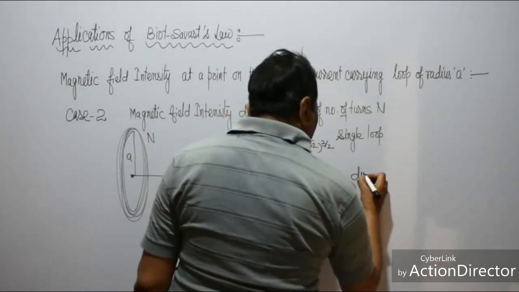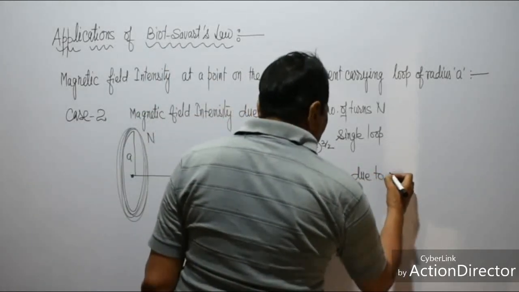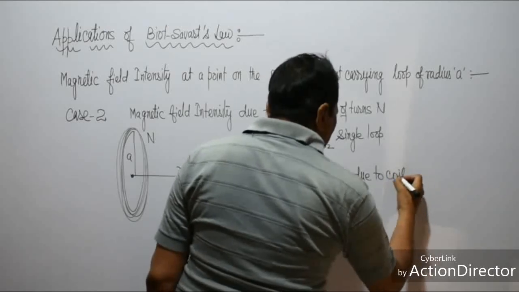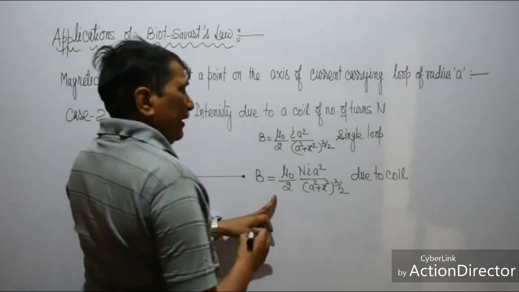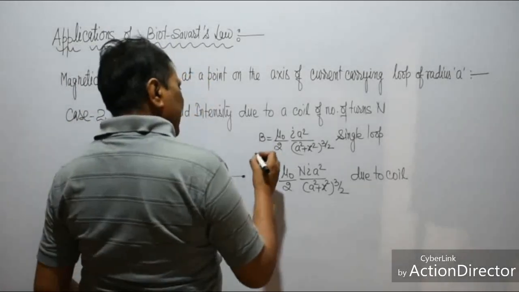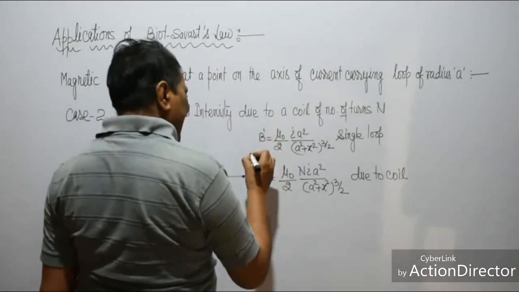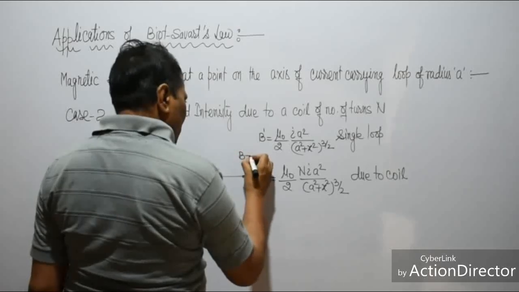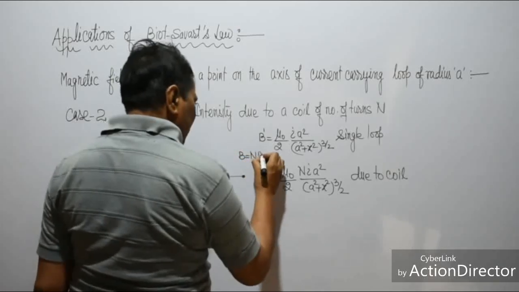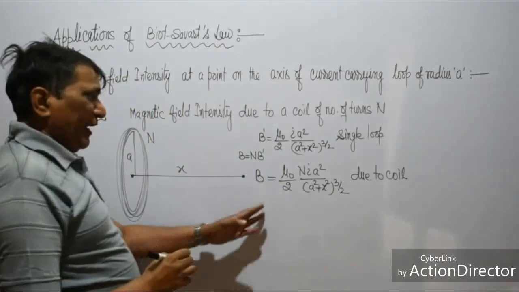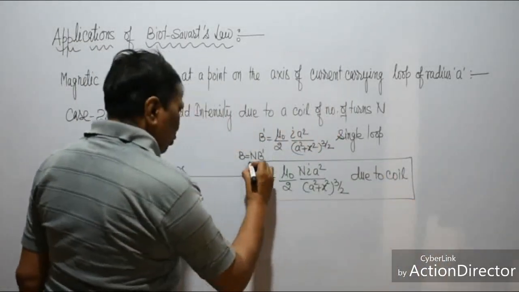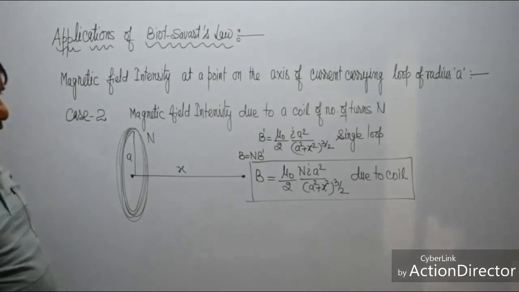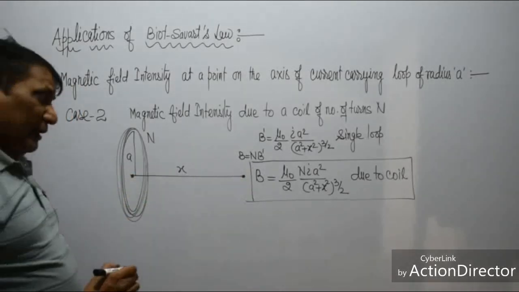This is due to the coil. Due to the coil, this field will be N times the field of a single loop. Meaning, if we call the single loop field B dash, then B equal to N times B dash. So that will be the magnetic field intensity due to a coil of number of turns capital N.